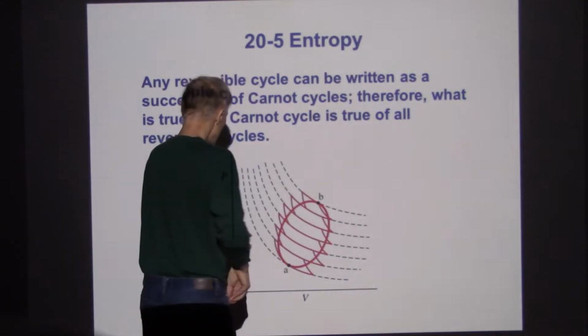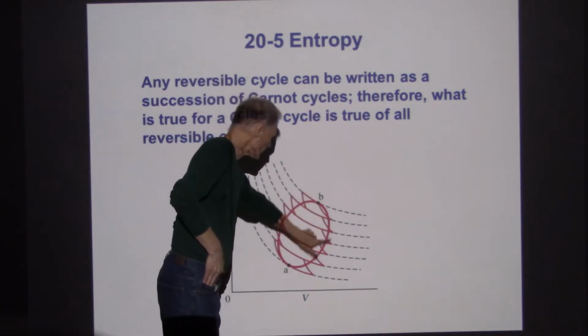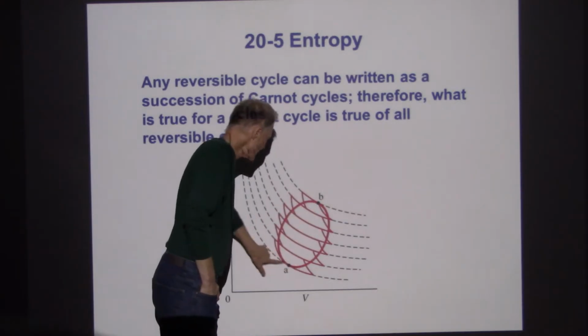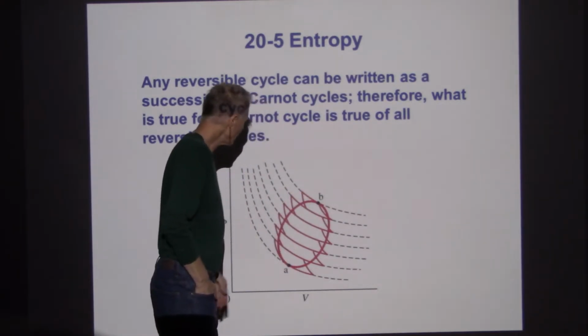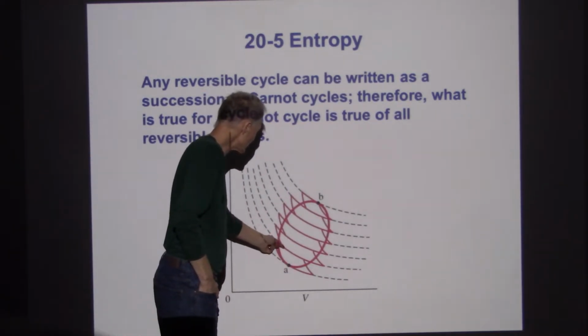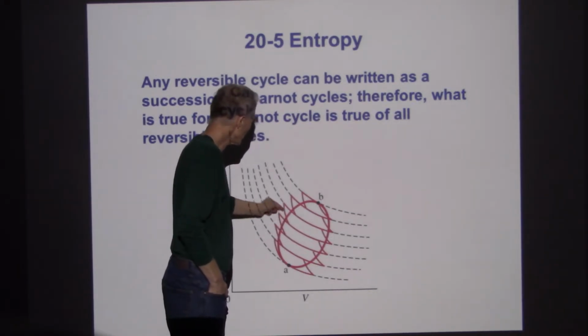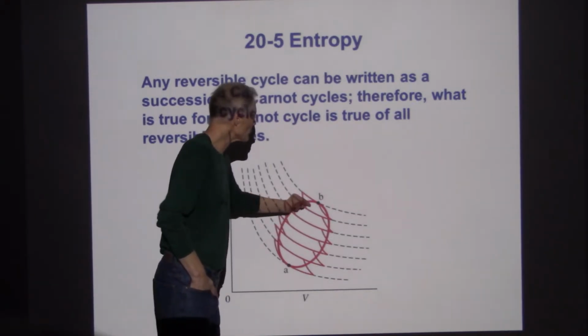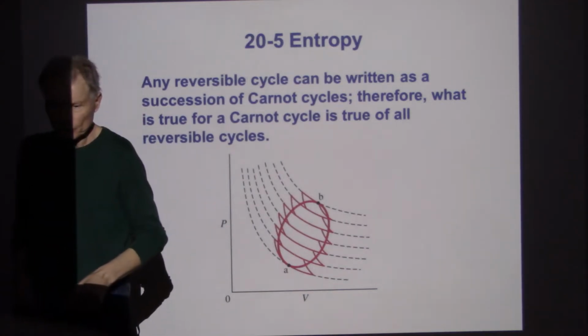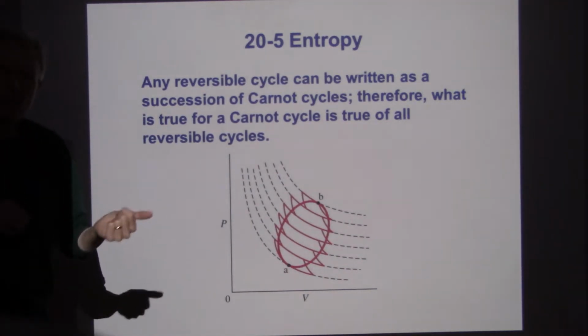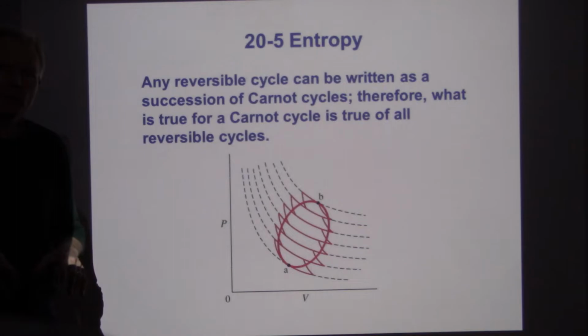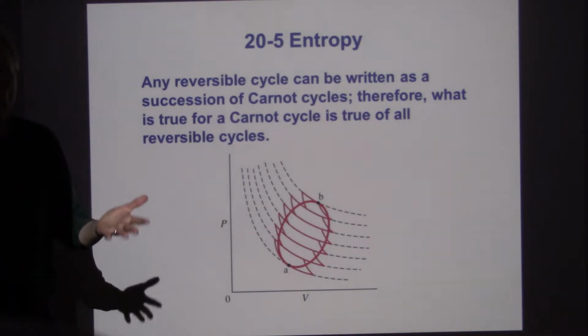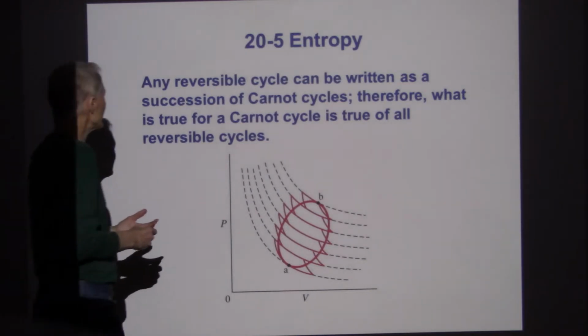See how this heat engine right here is replaced with a series of Carnot cycles, adiabats and isotherms. So we can make any thermodynamic process reversible, and we can optimize the efficiency.